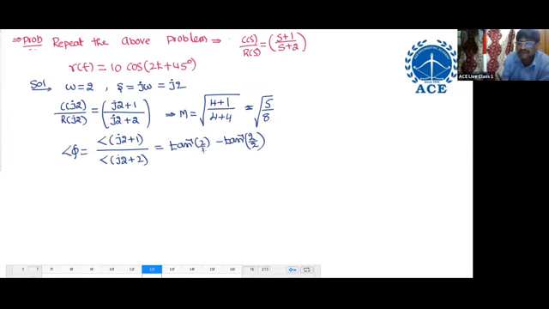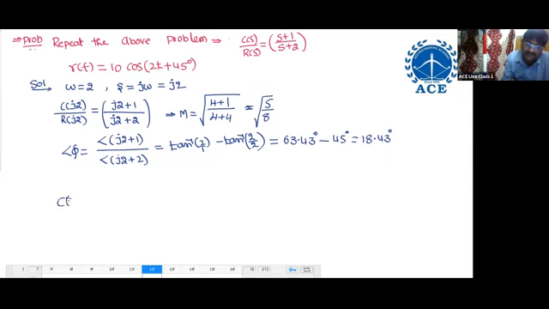Here 2 by 1, tan inverse 2 is 63.43 I think. Tan inverse 1 is 45 degrees. That is 18.43 degrees.